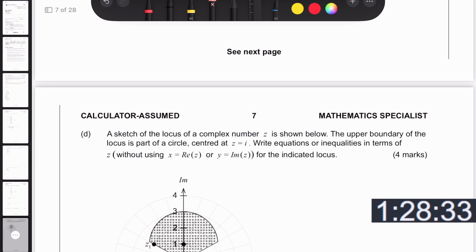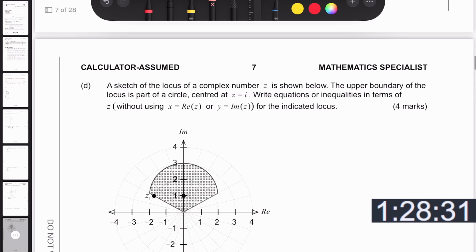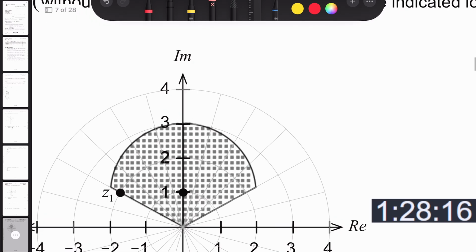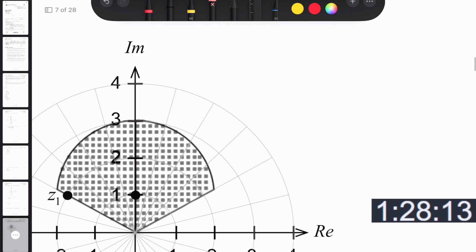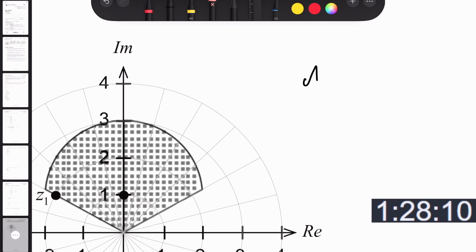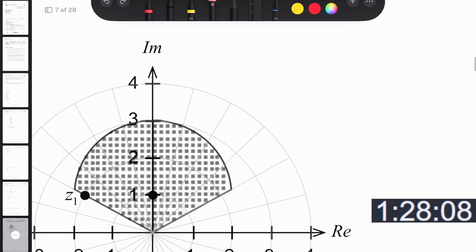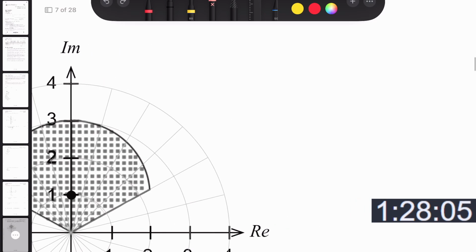Okay, a sketch of the locus of a complex number is shown below. The upper boundary of the locus is part of a circle with centre z equals i. Write the indicated locus in terms of z. So let's say that the argument of z1 is 5 pi on 6. Actually, wait, the lowest argument is going to be pi on 6.